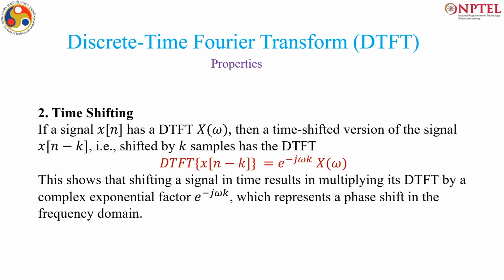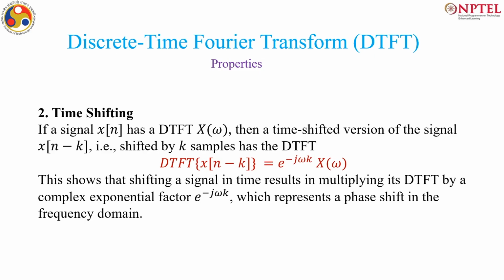What about time shifting? Suppose I have a signal in the discrete time domain and I shift it by some k samples. This is equivalent to multiplying the term e to the power minus j omega k with the original spectra of x. So, shifting a signal in time results in multiplying its DTFT by a complex exponential factor.